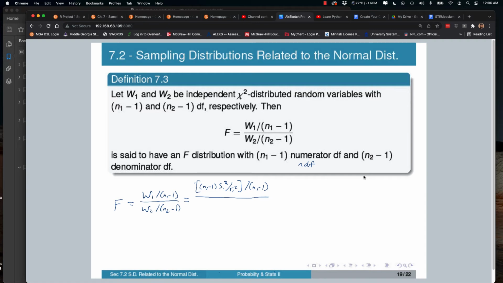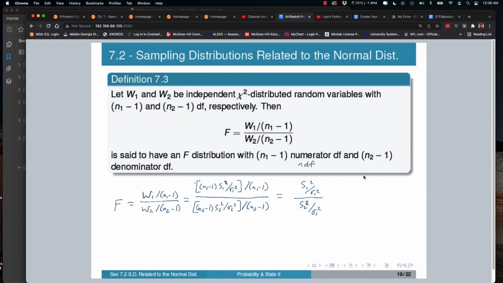And then we divide this whole thing by n sub 2 minus 1 times s sub 2 squared of a second sample. That's the other thing to note. These s sub 1 and s sub 2 are coming from different samples, usually. Divided by sigma sub 2 squared divided by n sub 2 minus 1. You clean all that up, and what you end up getting is s sub 1 squared over sigma sub 1 squared, all divided by s sub 2 squared over sigma sub 2 squared.